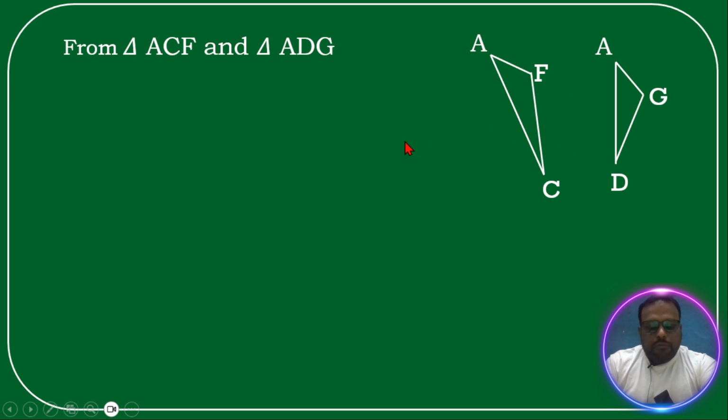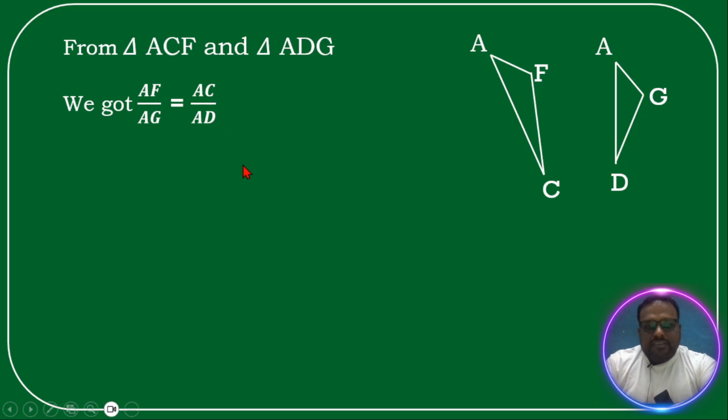Now what did we get? In the first case, what we proved was AF upon AG is equal to AC upon AD, right? Now I have two sides' proportions. If I get the included angle equal, then I can say that by SAS similarity, the two triangles are similar.